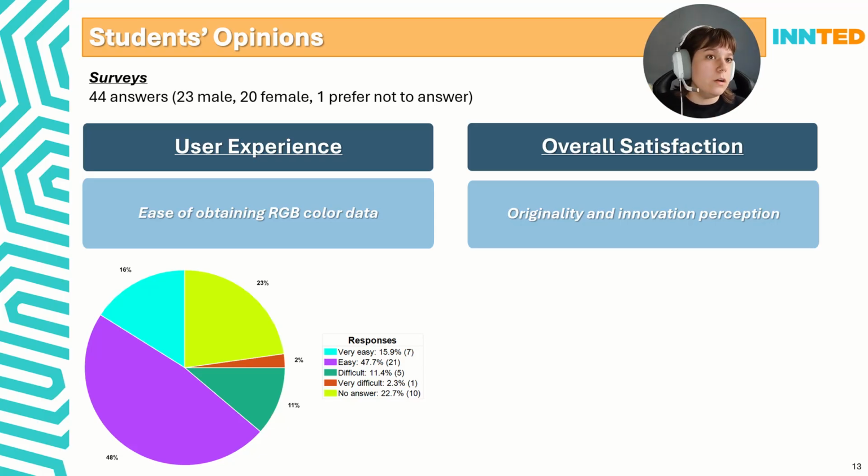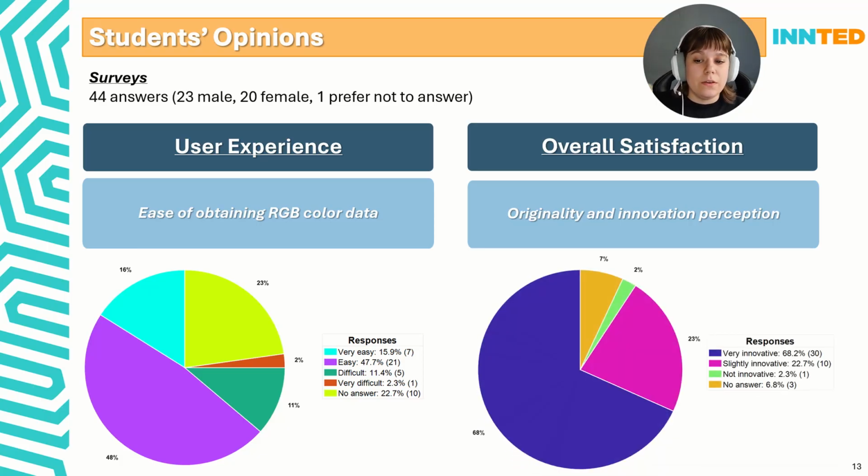Also, for overall satisfaction, the question was originality and innovation perception. The graph shows that 90.9% of the students acknowledge the tool's innovation, with very innovative or slightly innovative, with 68.2% emphasizing its groundbreaking potential, also reflecting a strong enthusiasm for transforming educational technologies.